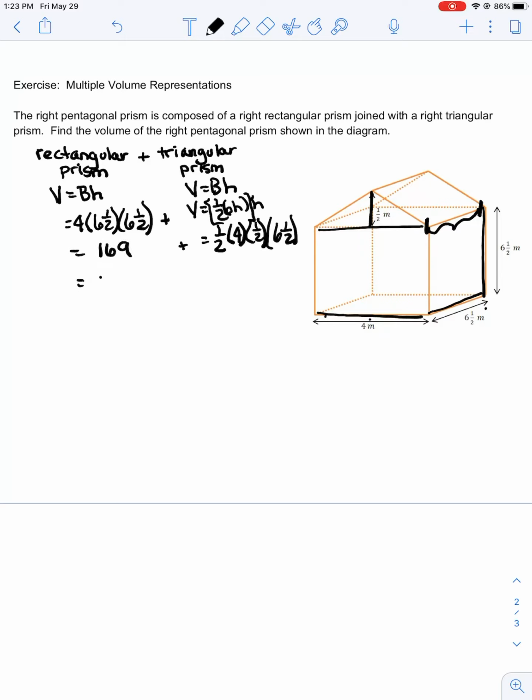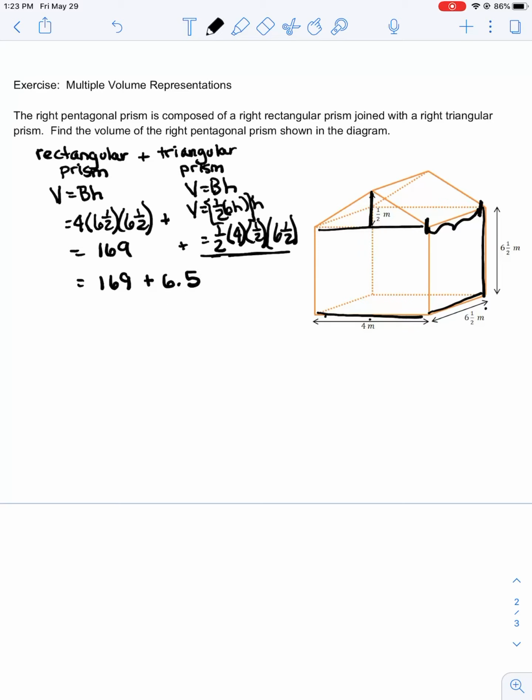And I'm going to bring it down now because I'm going to add to it when I multiply this out. So when I multiply that out, again, it's that 0.5 multiplied by 4, multiplied by 0.5, and multiplied by 6.5, I get 6.5.